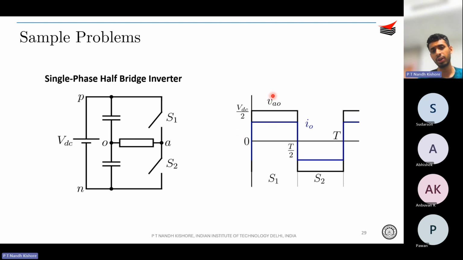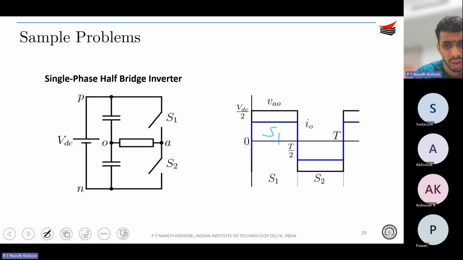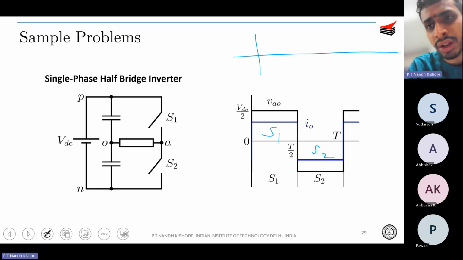So VA0 is something like a square wave between VDC by 2 and minus VDC by 2. S1 was on from 0 to T by 2 and S2 was on from T by 2 to T. What is the current of S1?